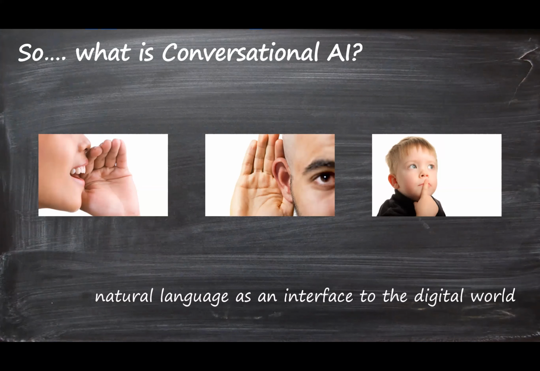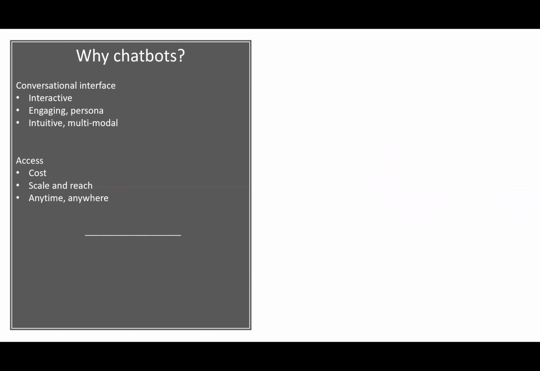It enables natural language as an interface to technology, to the digital world, to online content. The reason we're having this discussion today, as opposed to, say, 5 years ago, is that AI has matured significantly in the past few years. And this opens up interactions with technology that were impossible just a few years ago.